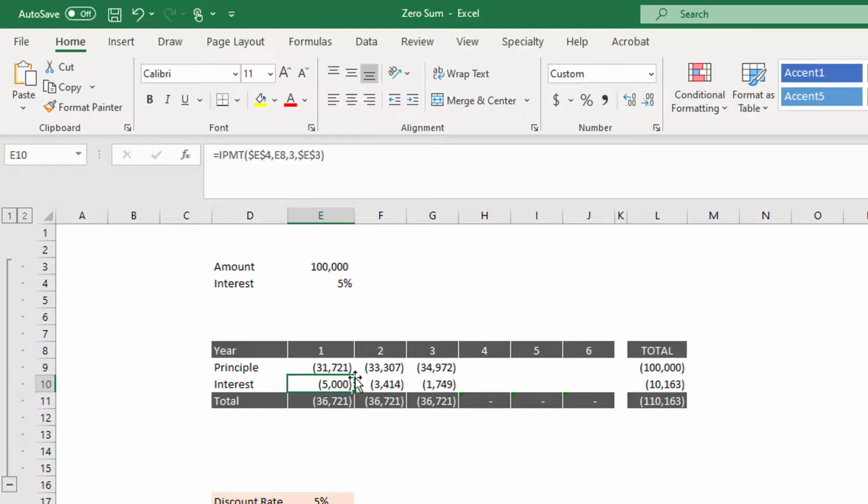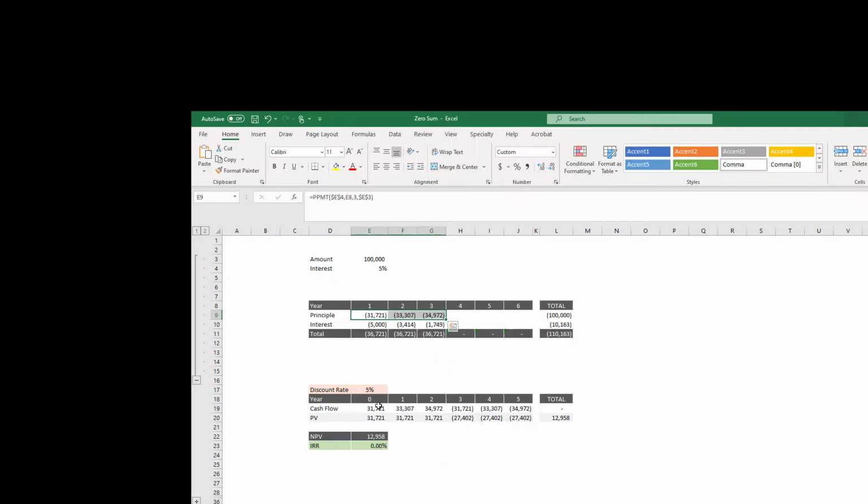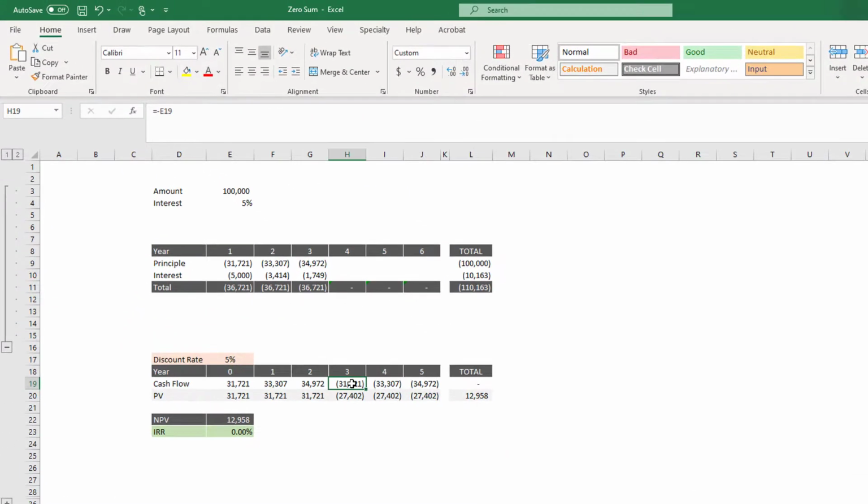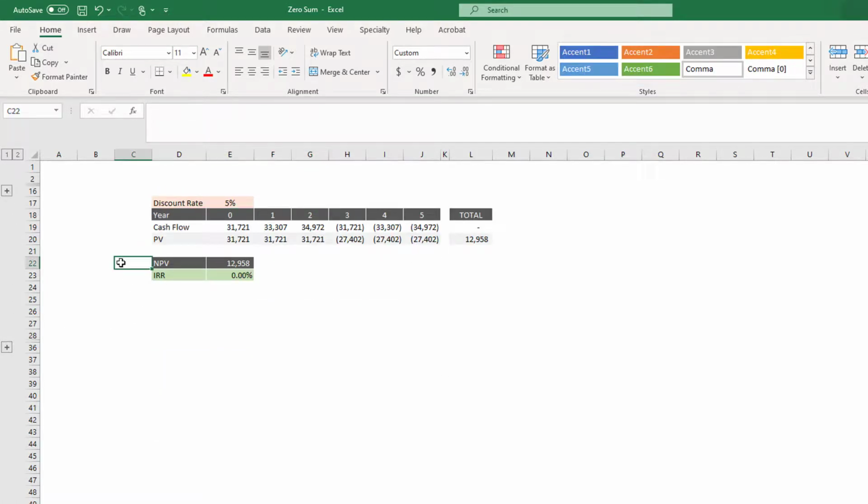So what I did, I put this number here, and I just reversed the cash sign here. So the sum of this is 0. So what is happening, I'm taking a loan and I'm repaying the loan, but I'm not repaying the interest during this duration.